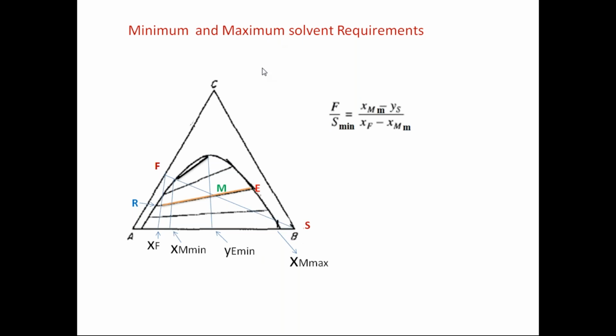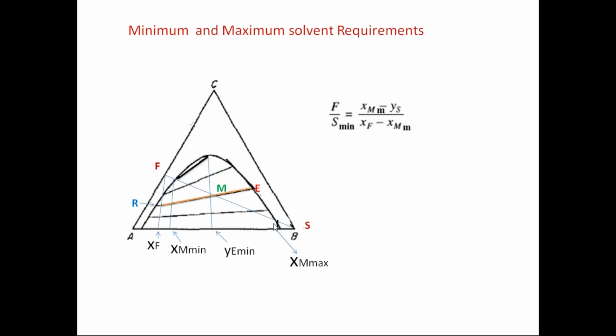And this is the lower limit of the solvent requirement, and another limit is the maximum solvent requirement. See, if you go on adding the solvent, then the mixture will become very dilute. Dilute means C concentration reduces, and it comes to this point.